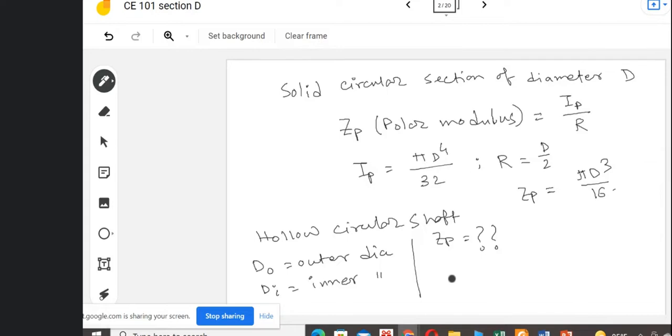How can we do that? What is the IP value here for this hollow portion?